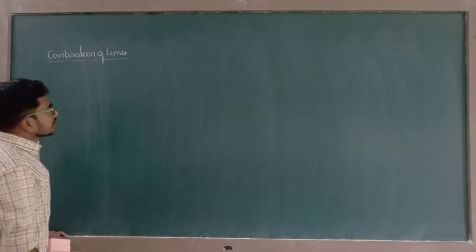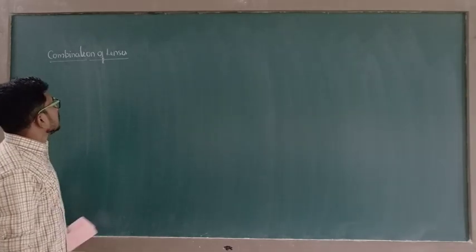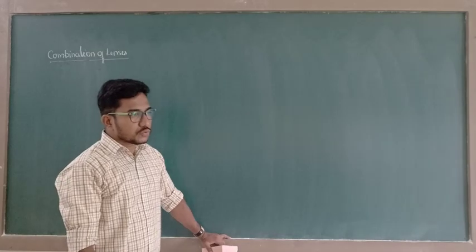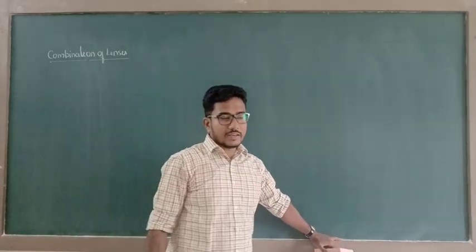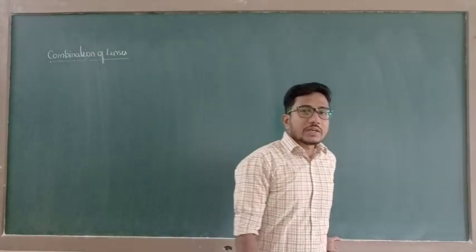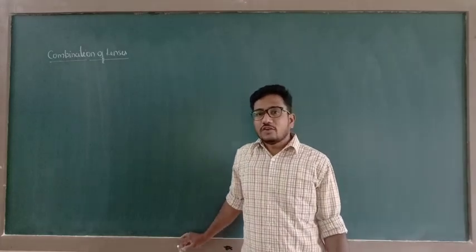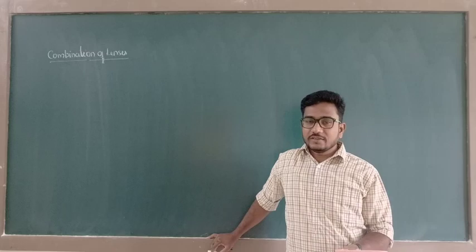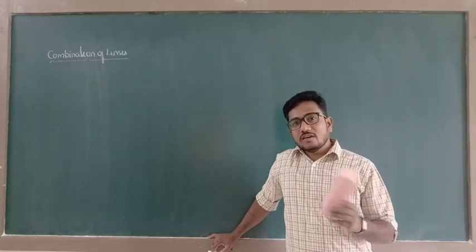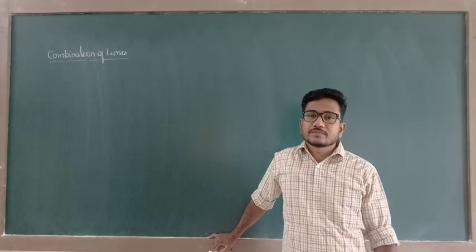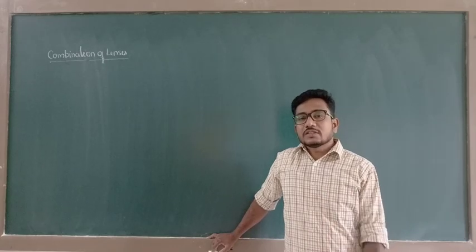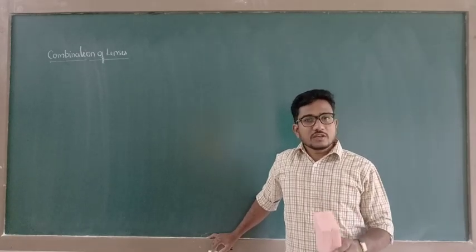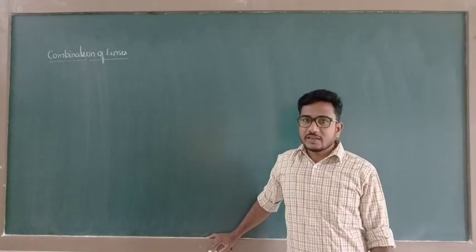So in our syllabus they have given 2 thin convex lenses in contact. Now what is the focal length of that combination? Even we can consider convex concave lens, concave concave, or convex convex. So now I am going to consider 2 thin convex lenses in contact.